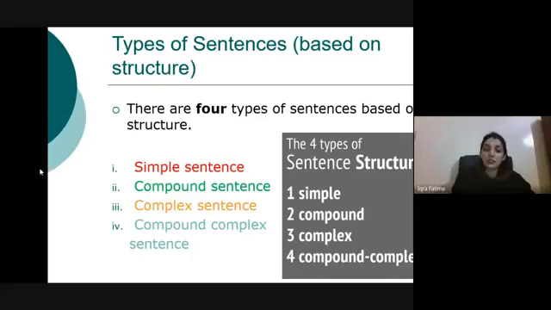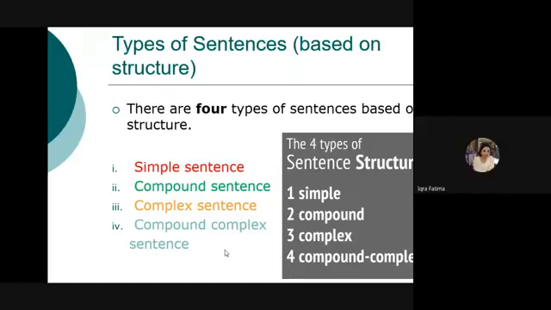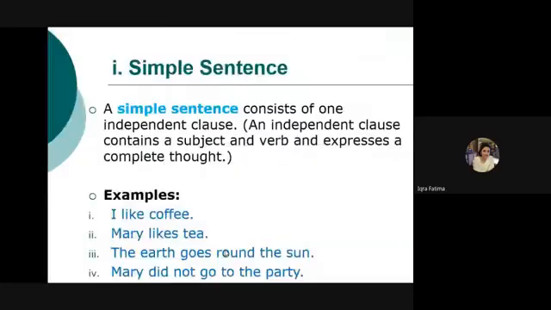First one is the simple sentence. Second one is the compound sentence. Third one is the complex sentence. Fourth one is the compound-complex sentence. We will discuss one by one how these four sentences look according to their structures.